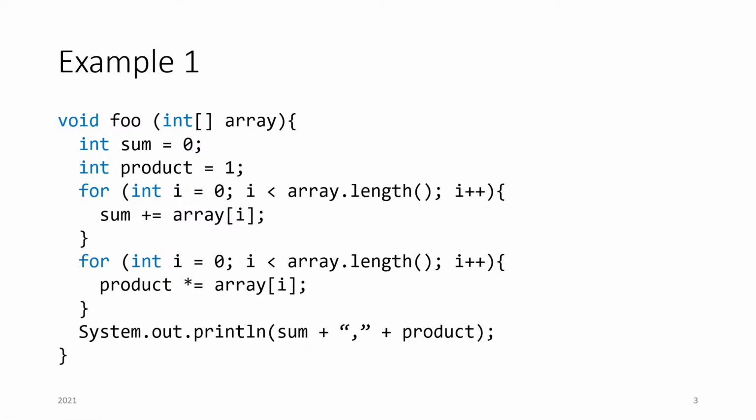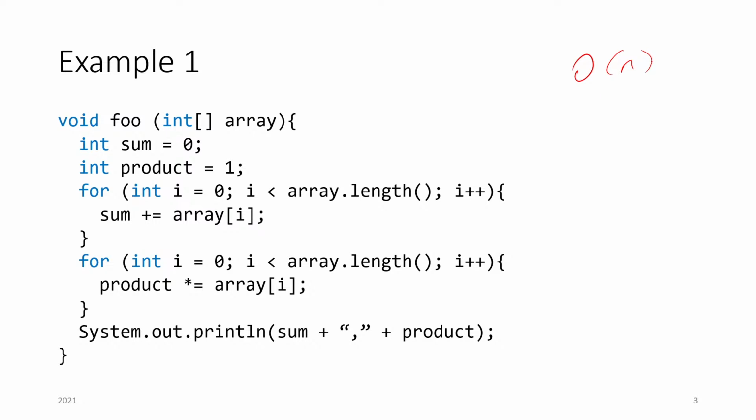The majority of people who voted, voted for O of n, while a few people voted for O of 1 and O of n squared, and a very small minority voted for O of log n. So the correct answer here is actually O of n.